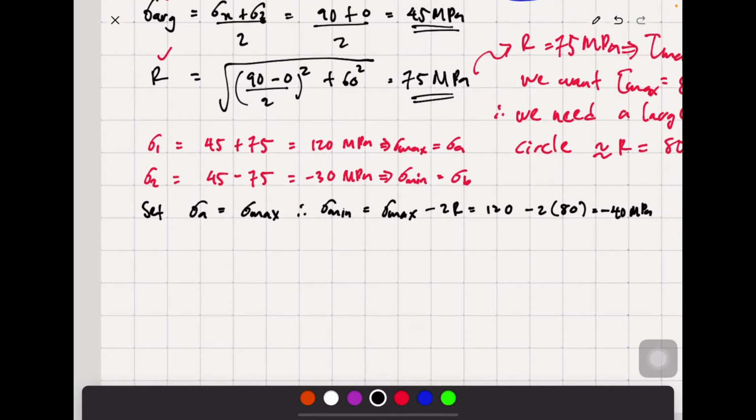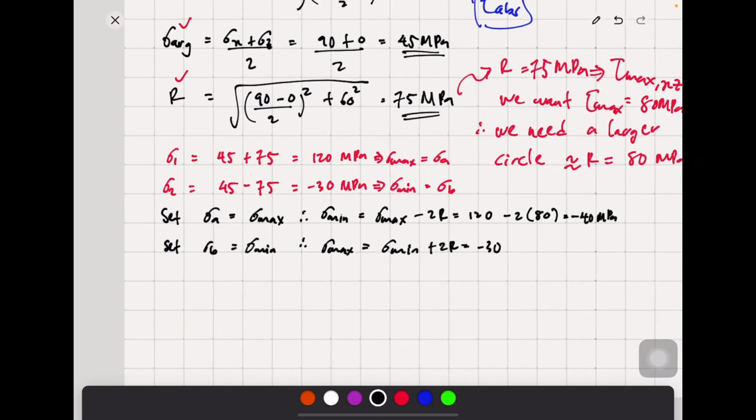I think it is clearer when we draw the circle, but bear with me. We set sigma B equal to sigma min. If sigma B we set as a minimum, thus sigma max is going to be adjusted accordingly. Sigma min plus 2 of the radius, which is negative 30, the one that we have from our calculation just now, right?